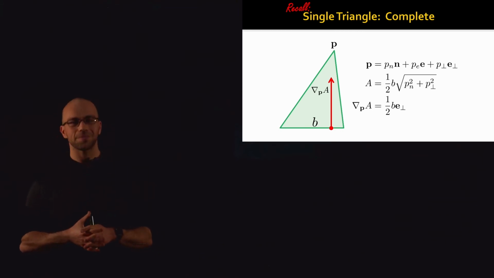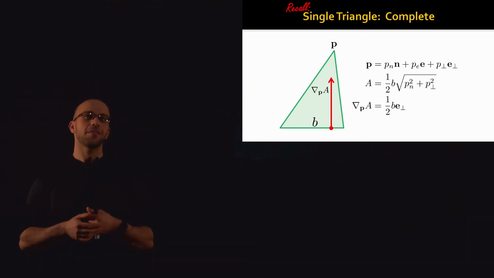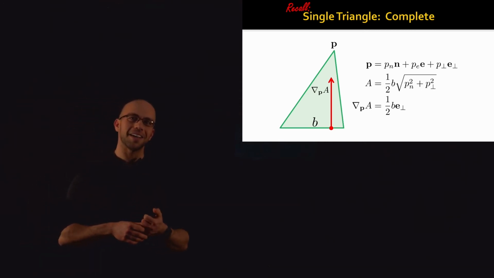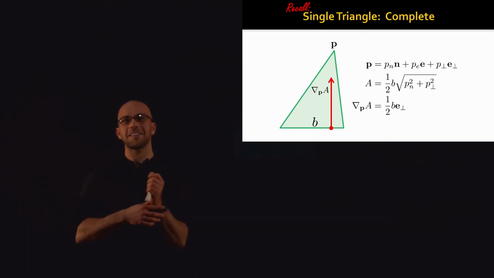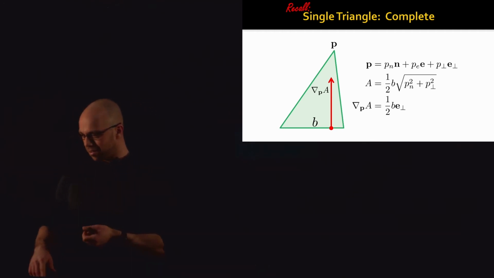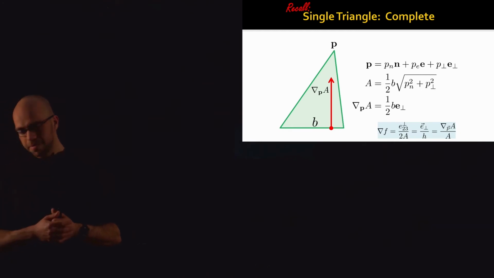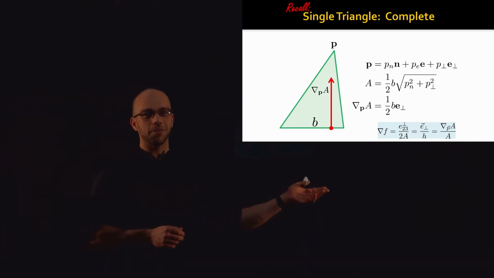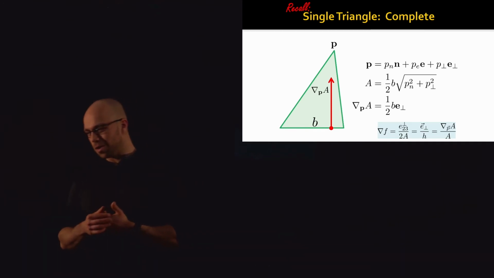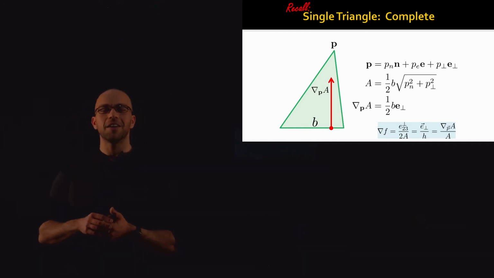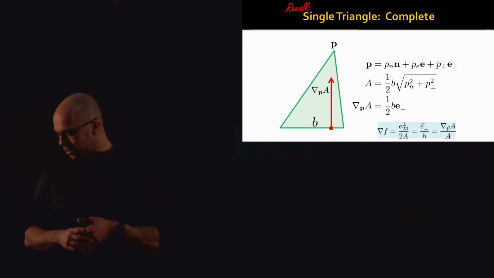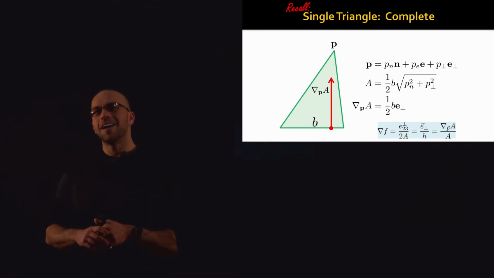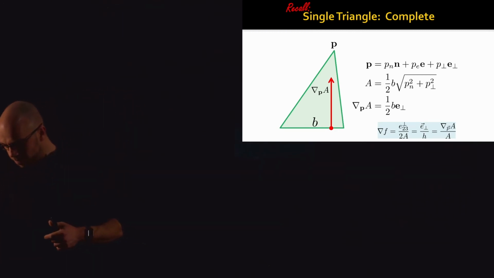Essentially, the integral of the constant function is the area of a surface, and you can write the constant function as the sum of all of the hat basis, and you'll see that it all ends up fitting together. That essentially the gradient of our hat function ends up being the gradient of triangle area just scaled by a factor of 1 over area. And this is kind of a nice link to essentially mean curvature flow, that kind of universe. But I'll let you guys think about that more at home.